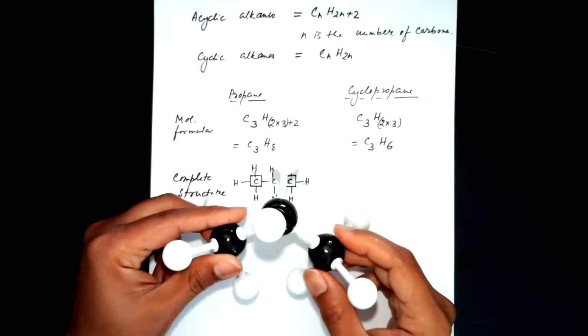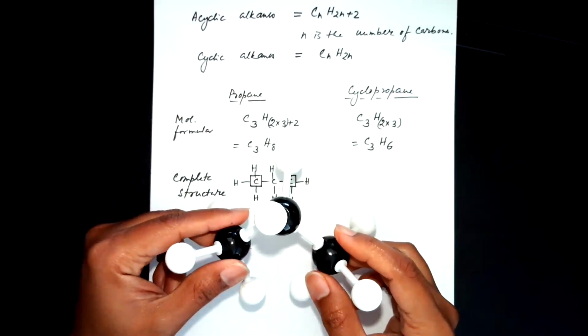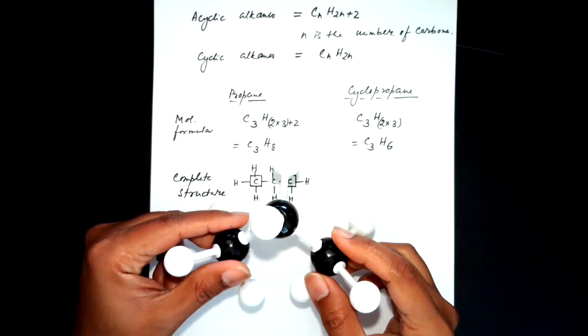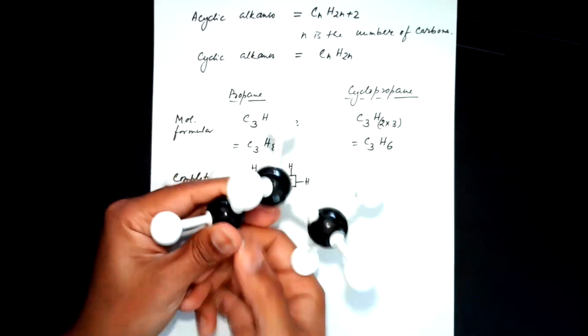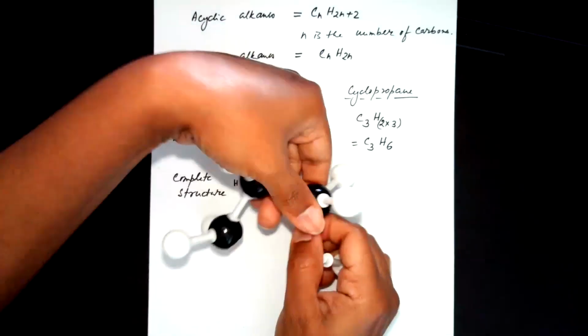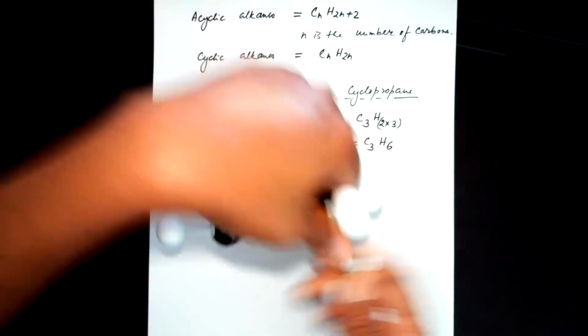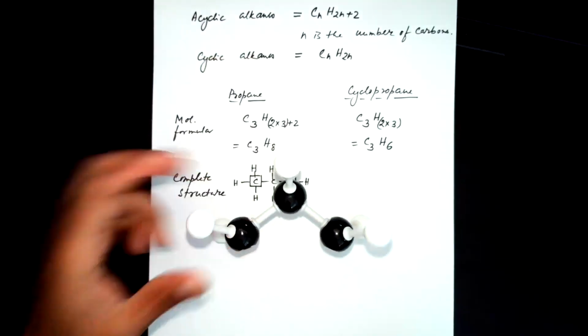Now, if I wanted to join these 2 carbons together, I would have to make one open bond, one available bond for each of these carbons. So what I can do is I can pluck off a hydrogen from this. I can pluck off another hydrogen from here, and that is how another space becomes available.